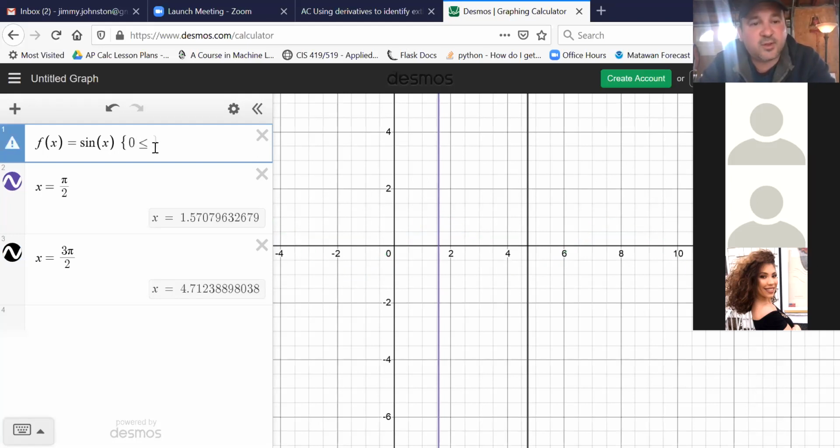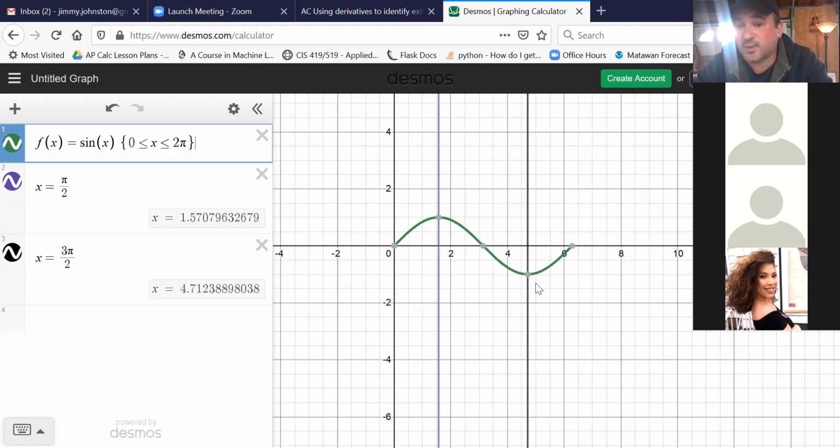So 0 is less than or equal to x is less than or equal to 2 pi. That's what we're looking for. And my results said that we had negative concavity from 0 to pi. From pi to 3 pi over 2, we have positive concavity.